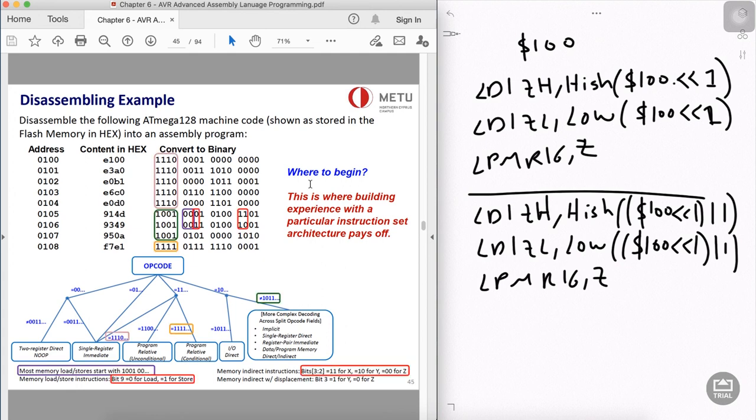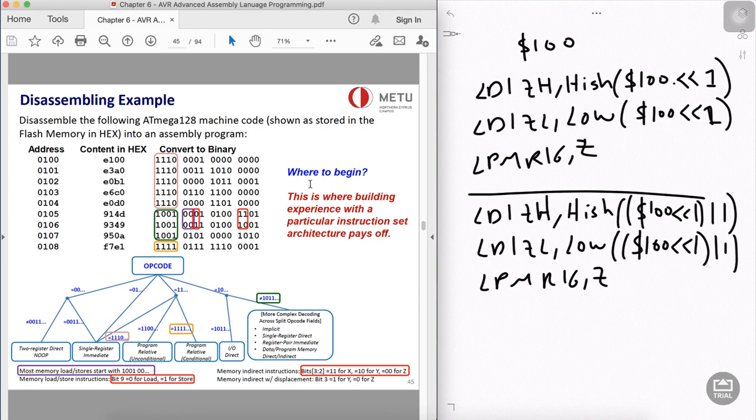Now, as you can see, the red ones are single register immediate because 1110 gives us, as you all know, LDI or ADI or SUBI or whatever they are. And 1001, which is the green one, can be implicit, single register direct or register pair. So we don't know, we have to find that out.